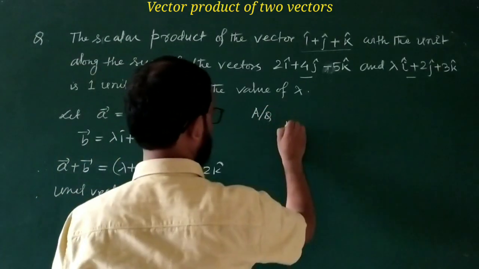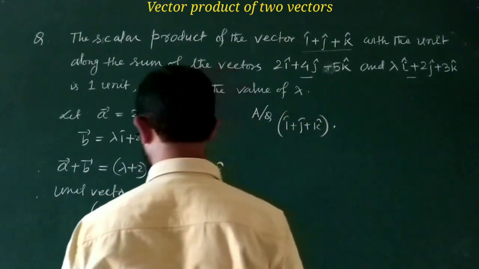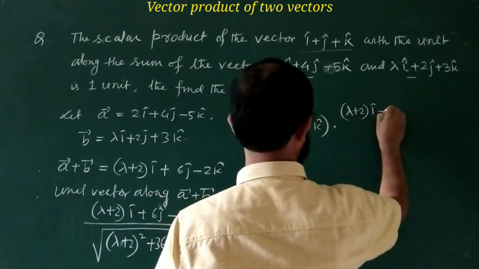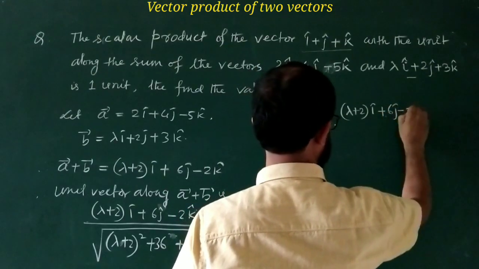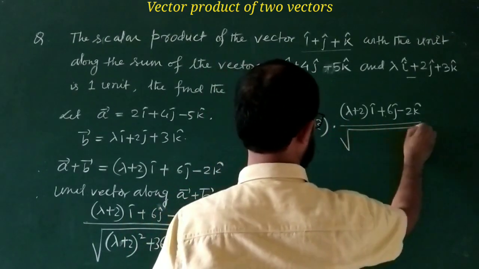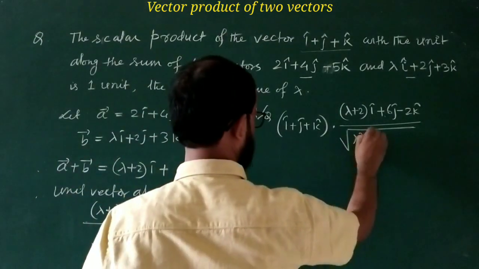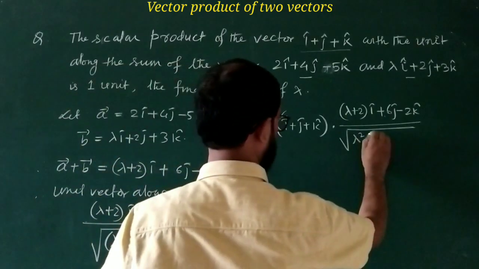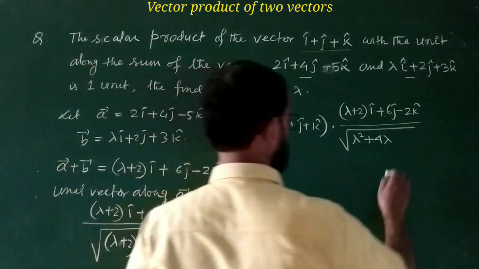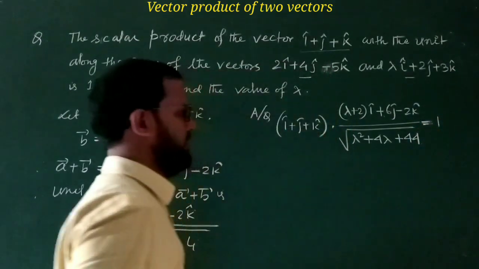According to the question, I cap, j cap, k cap dot, इसका dot product क्या होगा? तो lambda plus 2 I cap plus 6 j cap minus 2 k cap divided by the quantity, under square root क्या होगा? थोड़ा सा अगर एक्सपांशन करें तो it is lambda square plus 4 lambda plus 4 कीमत कितना होगा? आई मीन 44 हो जाएगी, this is equal to 44, is equal to what? 1. This is given in your question.